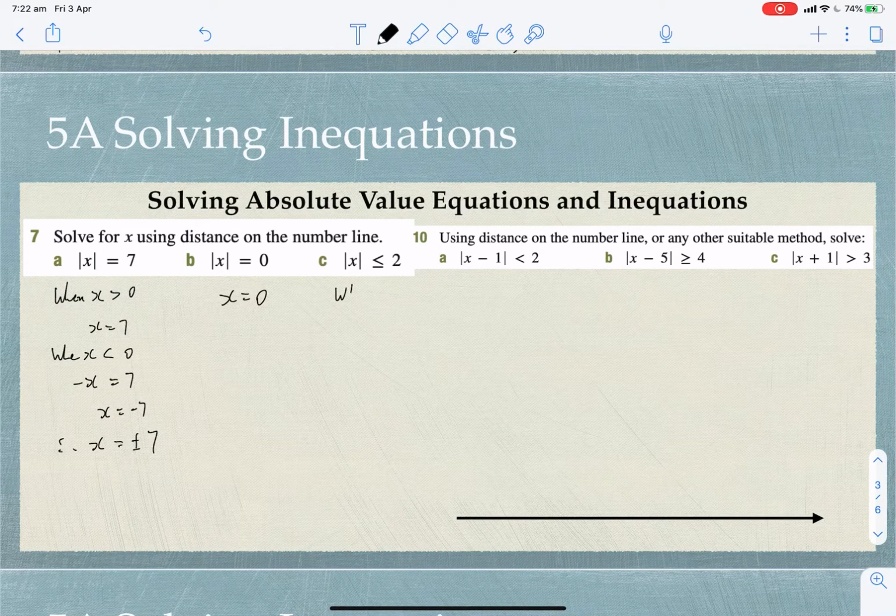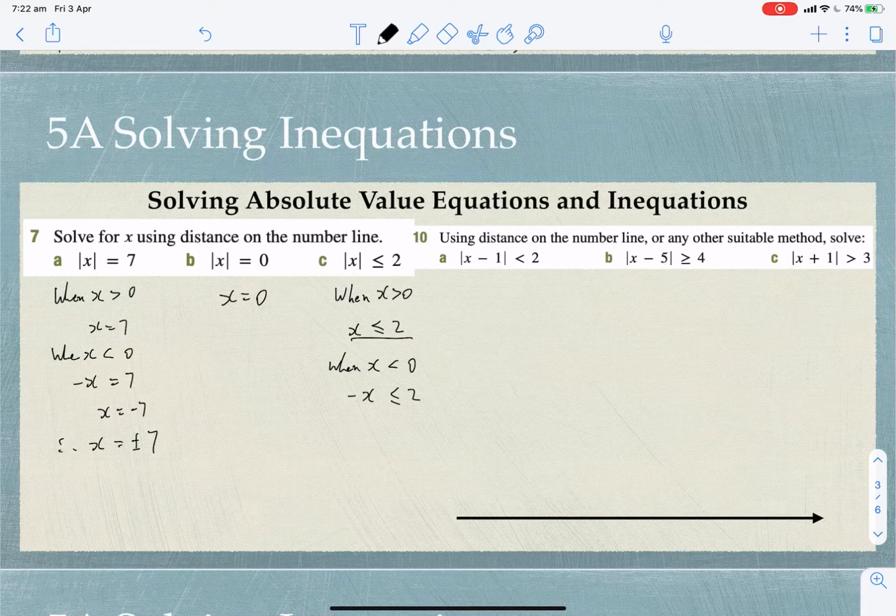So it's the same method. If x is larger than 0, the absolute value does nothing. So x is less than or equal to 2. Then we got one part of it. What about when x is smaller than 0? That means we need to put a negative sign there. So negative x is less than or equal to 2.